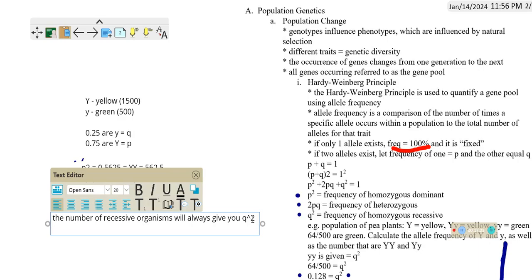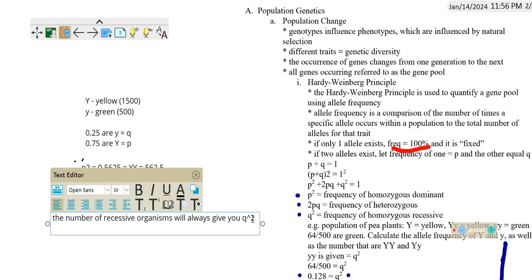It could be worded, for example, that 89% of a species shows a dominant trait. What I've given you there is that 89% have at least one of the dominant alleles. So that means 89% are going to be the combination of p squared plus 2pq. But if I know that 89% show that, that means 100 minus 89, 11% do not.